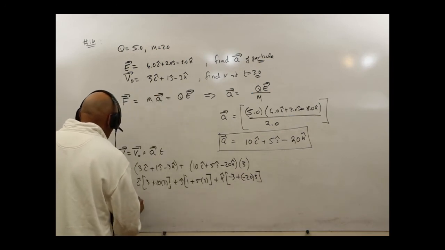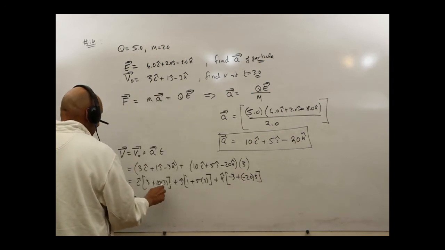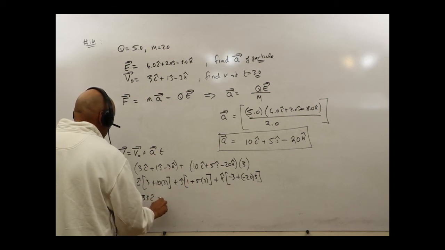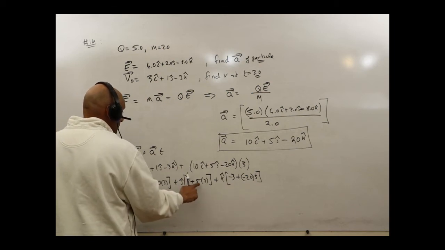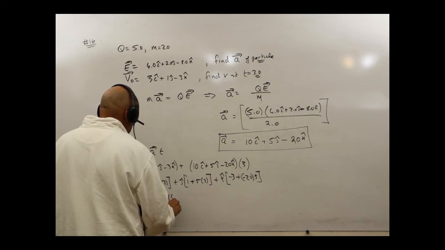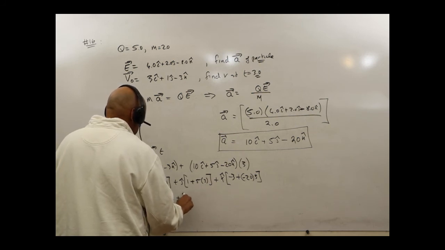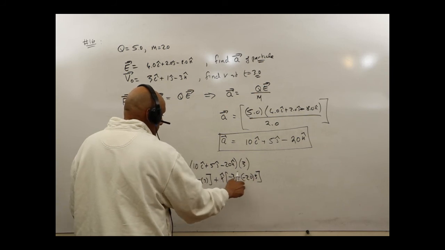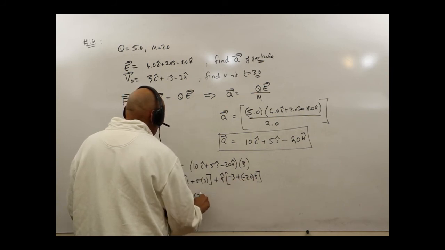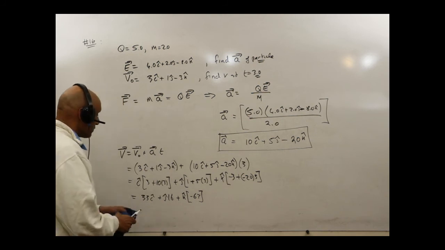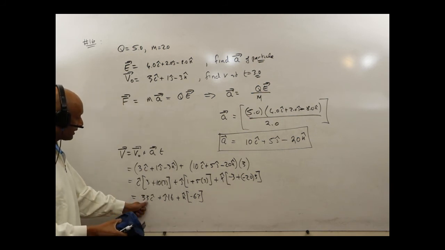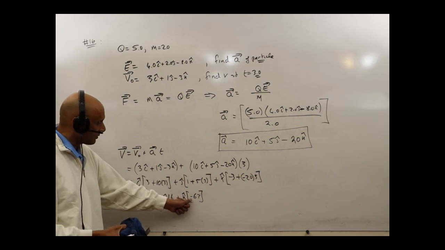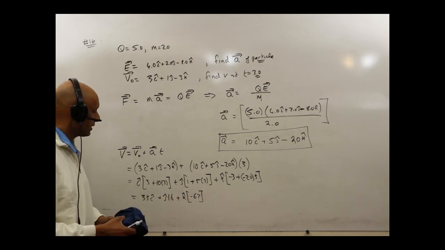So it's 30 plus 3, which is 33i, and the j component is 15 plus 1, so 16j, plus the k component, minus 3 minus 60, so minus 63. So the velocity is 33 meters per second in the i direction, 16 meters per second in the j direction, and negative 63 meters per second in the k direction.